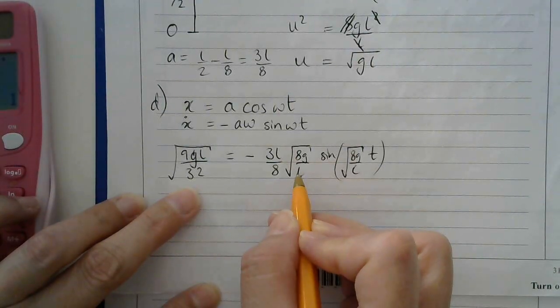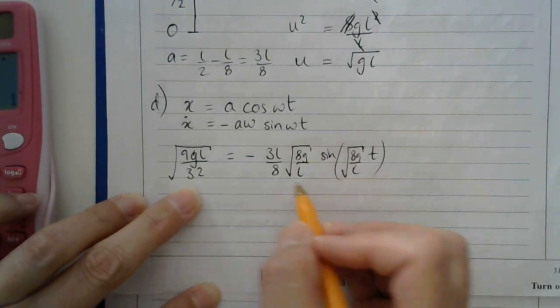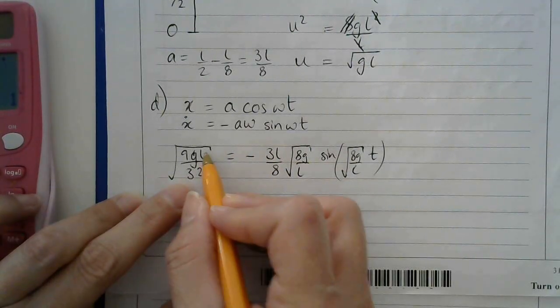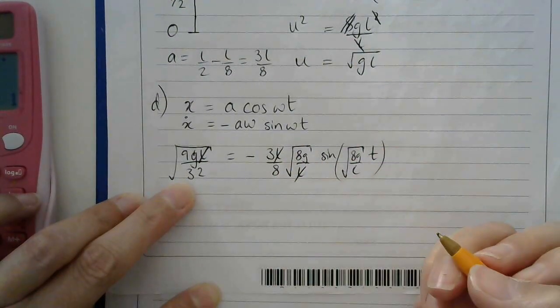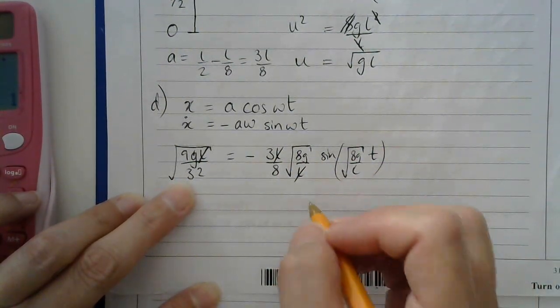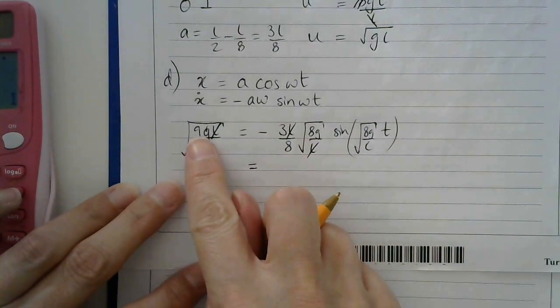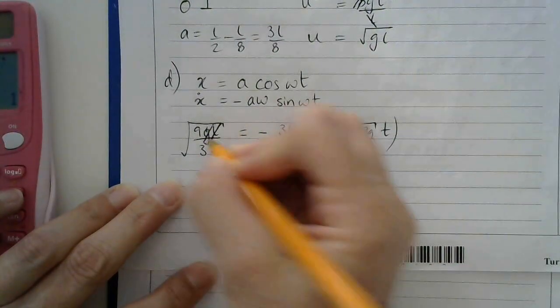Let's pop the root L up here, so I get an L here and an L here, so basically all of these L's will cancel. And then I've got a root G on both sides, so I can divide through by that.